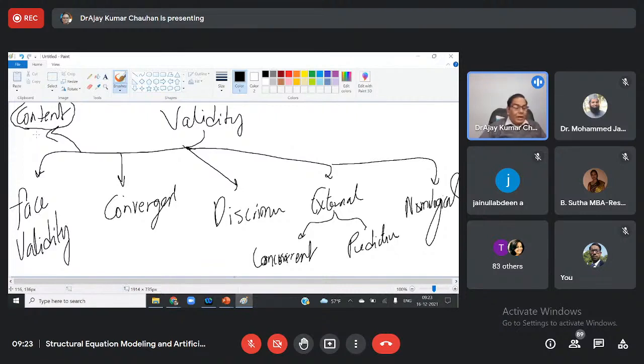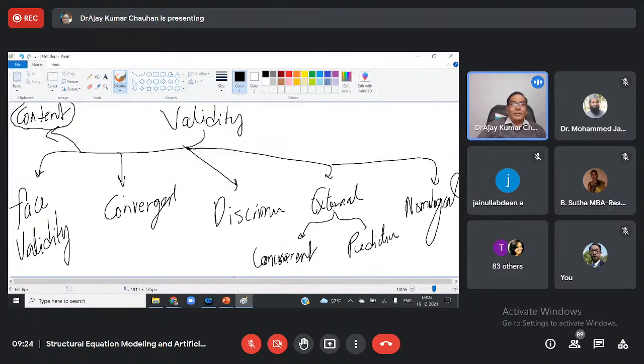So how can you say you are using the right statements, the right factors? For that, you have to show the literature support. If you have proper literature support, then your content validity exists.